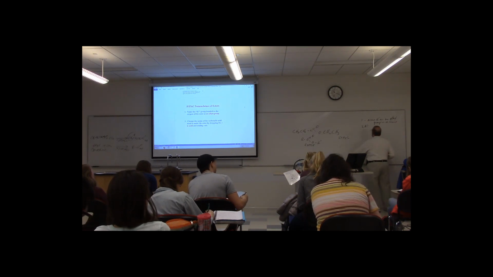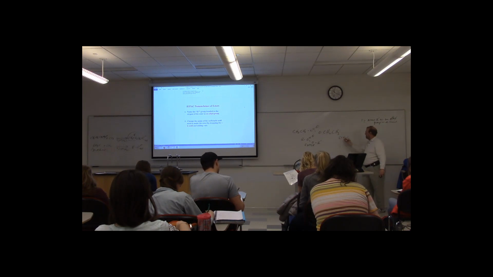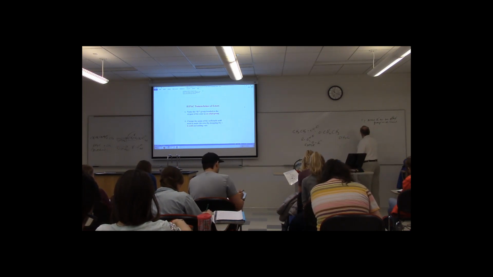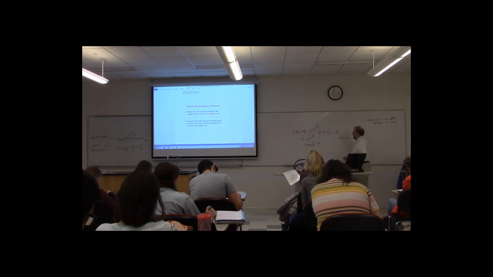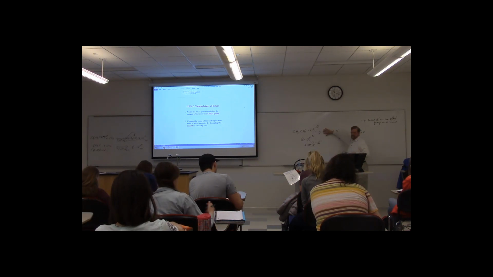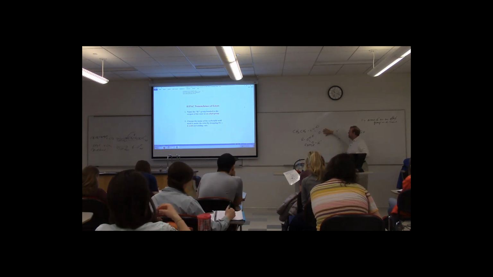All right, one, we've already done. Name R prime as an alkyl group and put that in the front. The IUPAC way is assume R prime is a hydrogen. Name the carboxylic acid.